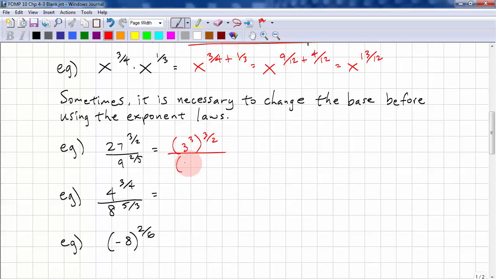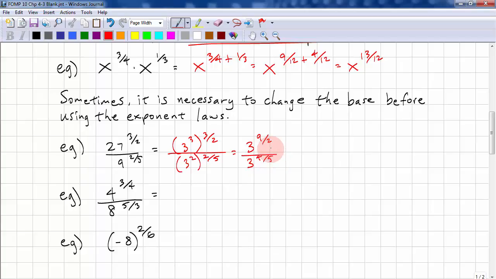And 9 is 3 squared to the 2/5. Now, the easiest thing to do here is probably just to do the power of a power law and then do the division afterwards. So this is 3 to the power of 9/2. We multiply, and this is 3 to the power of 4/5.